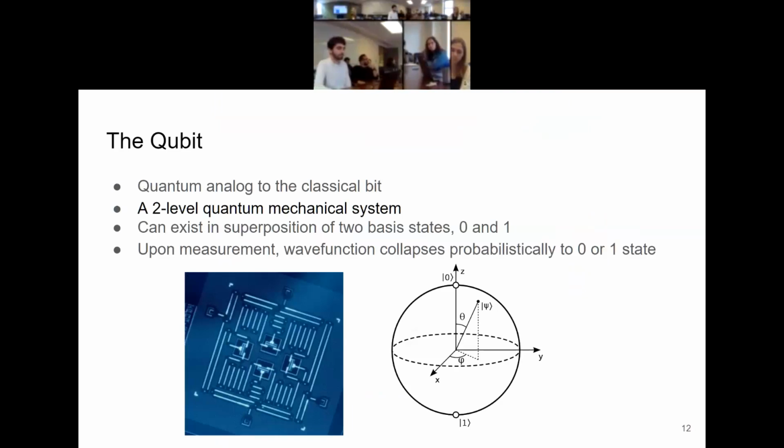Yeah, exactly, because you showed three angles like this, so phi here. Is the state of your qubit independent of phi or not? You can describe the state as a function of these two angles. The state of the qubit is not independent of phi. But it's a good point you bring up.